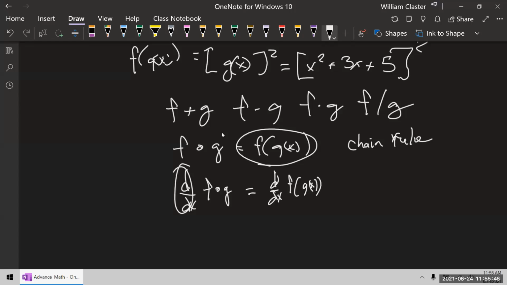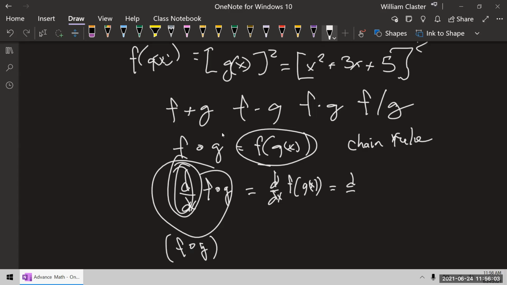Okay, now the answer is this. One way to write the answer, if we use this notation, remember, there's another way to write this question, and that is f circle g prime.